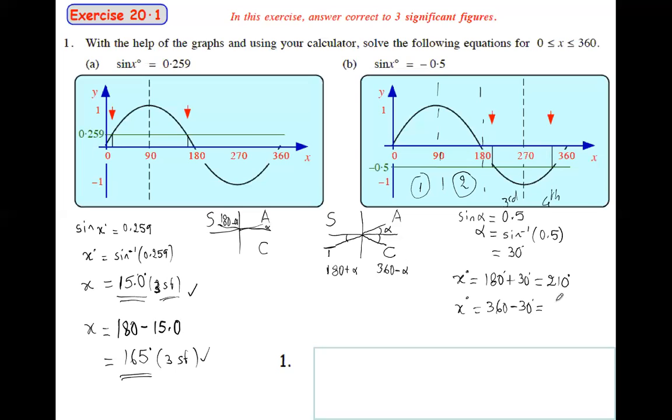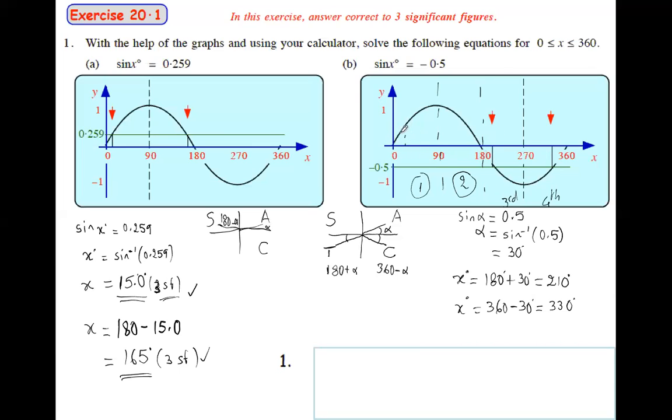So you can see with the negative, you've got a bit more work to do. But the only work you need to do is find alpha as if you were in that first quadrant. So what we did is we went to find that angle there that corresponds to 0.5 because of the symmetry between the two curves.